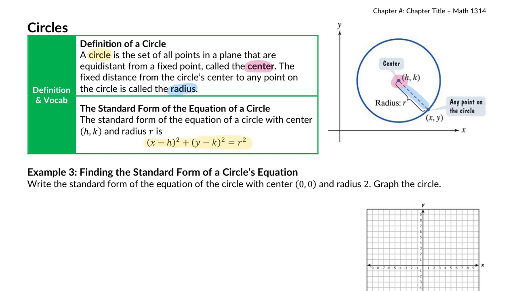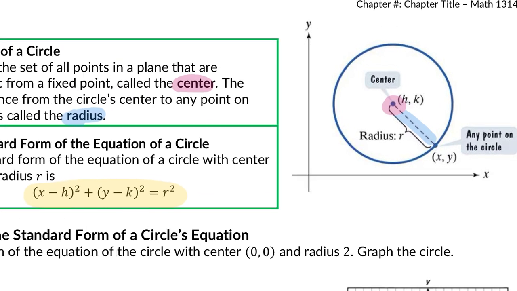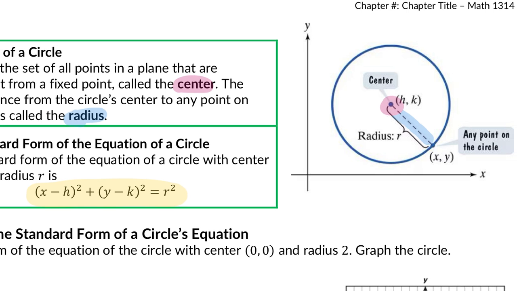What are some things you notice about this equation of a circle? What are some letters you notice in that equation? H. What else? K. Where do you think H and K come from? They're the center points.